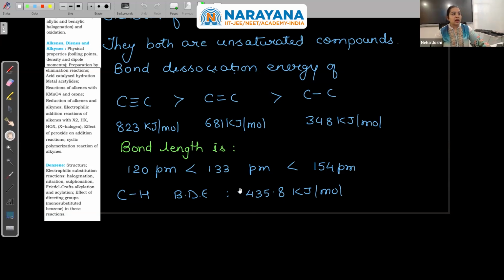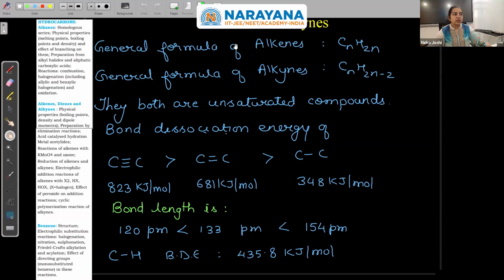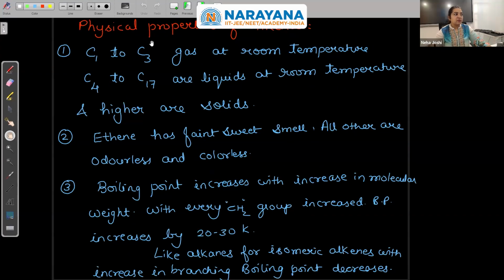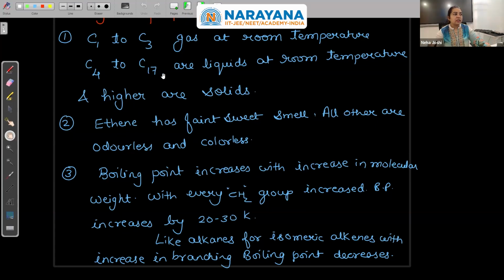So it is quite high. And when we are talking of bond dissociation energy, it is always the homolytic bond fission that we are considering by this method.